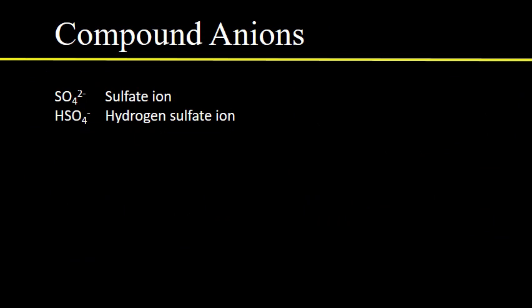All right, now we can also make compound ions, and compound ions kind of look like this. If you have an anion which has a charge of -2 or -3, then you can add a hydrogen to that, and hydrogen ions, because they're in group 1, have a +1 charge. So if we add a hydrogen to a sulfate, we get a new formula that looks like that.